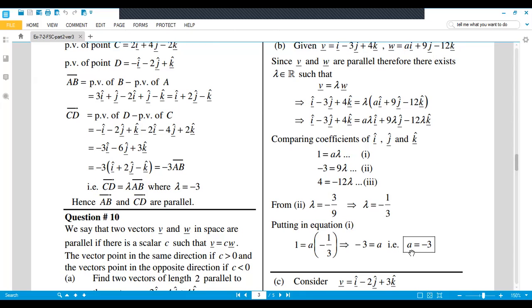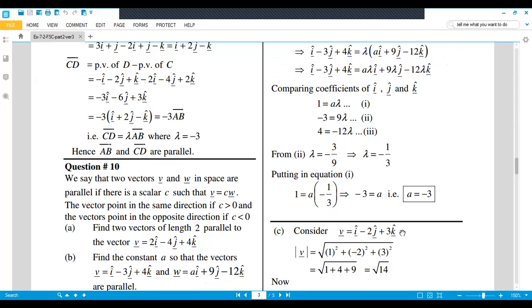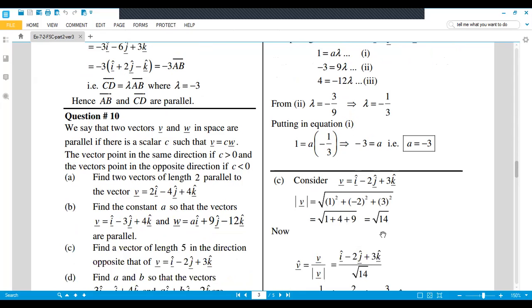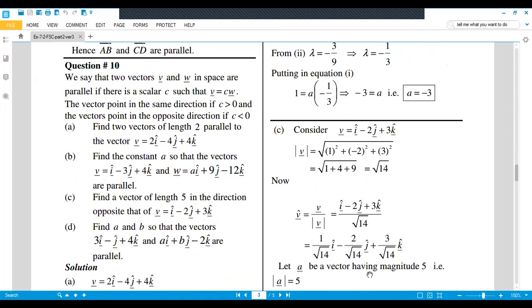For C, find a vector of length 5 in the direction opposite to the vector V. V is given; we find its magnitude, and the unit vector of V is the vector divided by its magnitude. Now let A be a vector having magnitude 5.